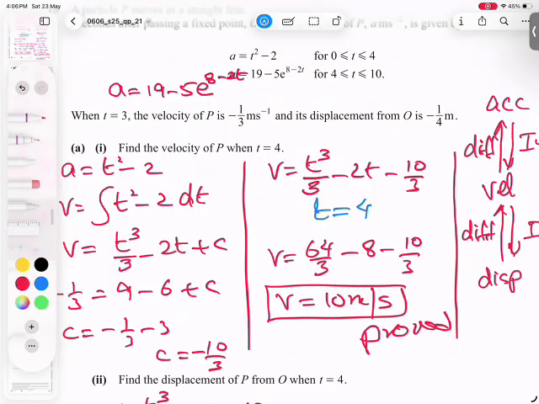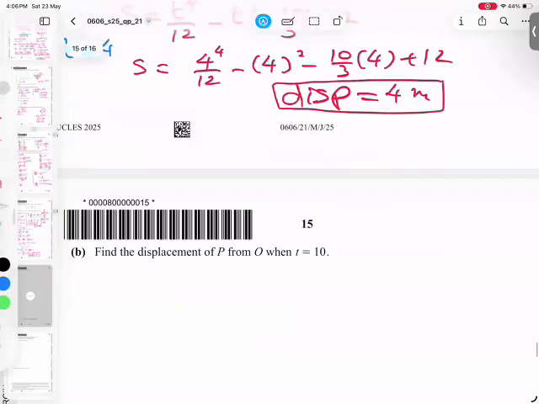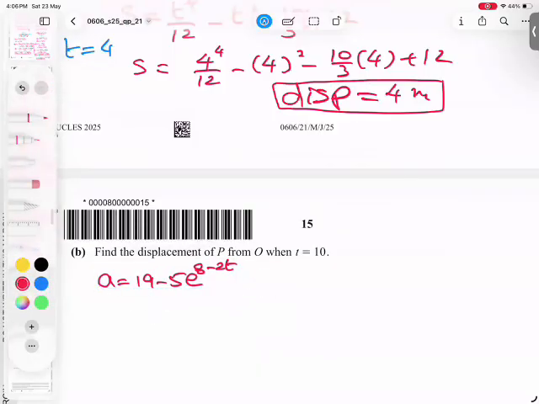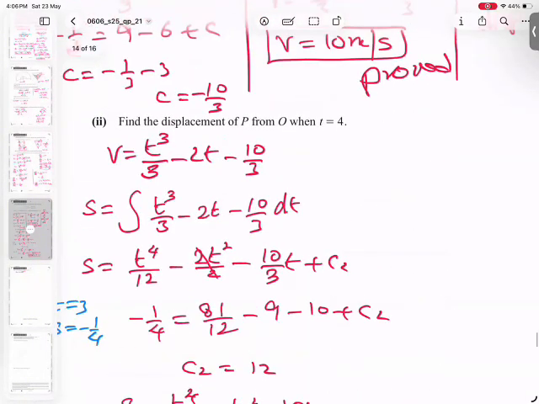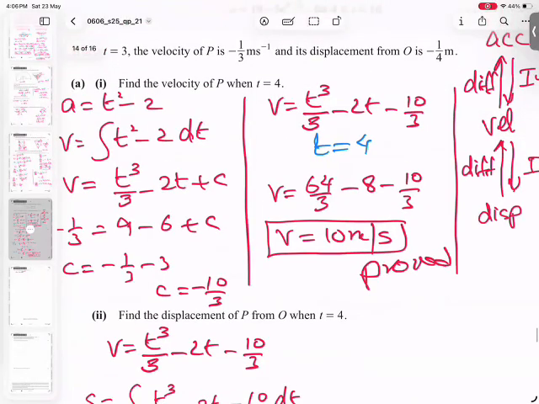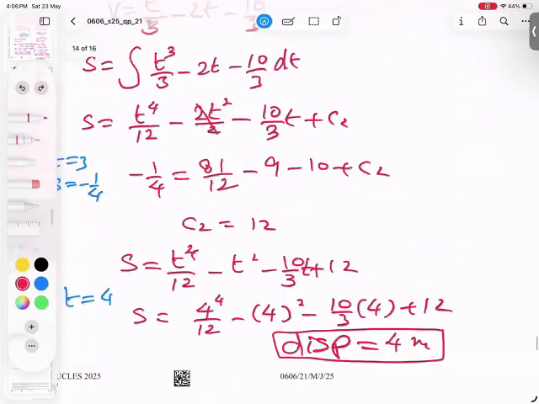And this expression, I need it on the next page. Cut. And I need it. Some more important parts we need. We must know when time is 4, what the velocity and displacement are.